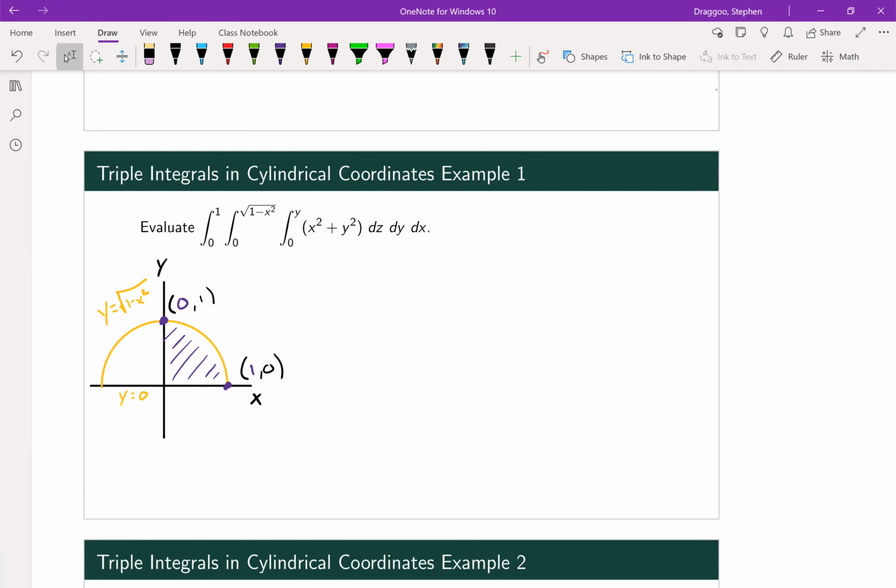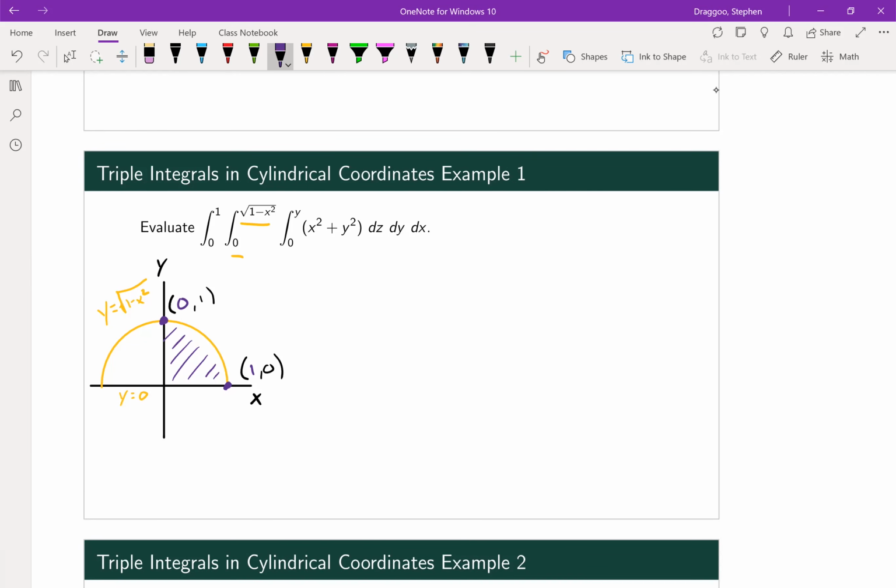So all we need to do is replace some bounds for x and y. Looking at the equations for y that we have, we're above y equals 0 and below y equals the square root of 1 minus x squared, which is the top half of a circle of radius 1.